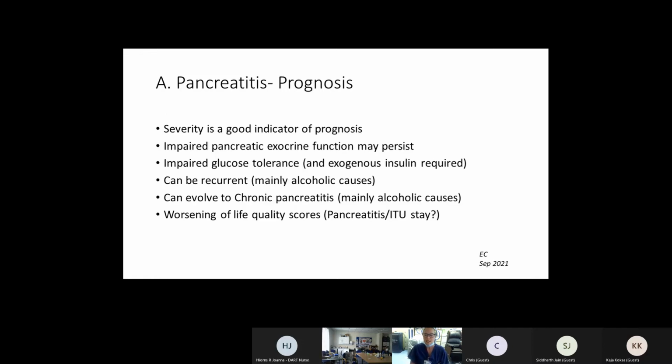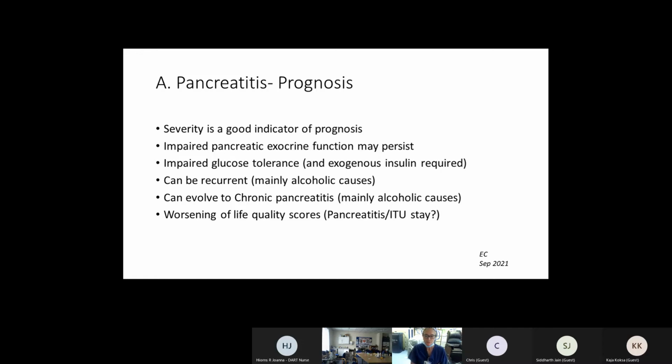Now, prognosis. As we've seen with the Ransom criteria, the severity of the pancreatitis is closely related to the mortality. So the more severe, the higher the mortality will be.